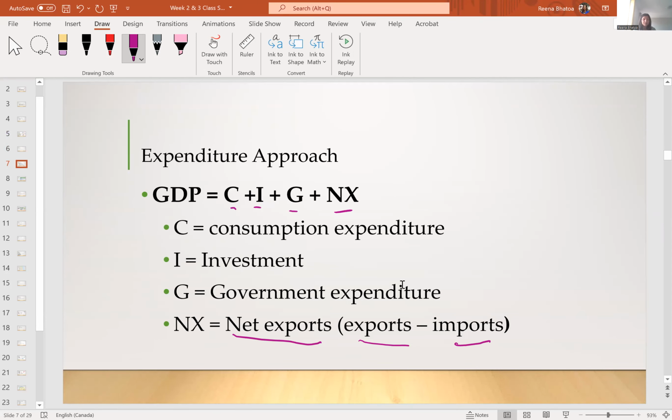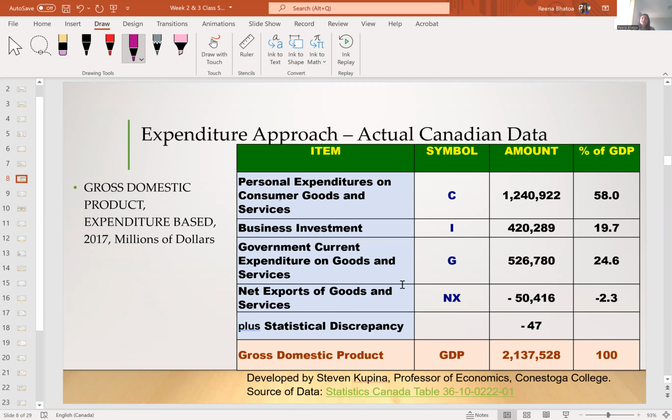Now, example for this. This data is taken from Statistics Canada's website, which is Canada's official website, and we will use a lot of times that website in our course or in the term. Okay, this is organized data, I would say, like it's not scattered everywhere. So just to show you, made it simple. So we have personal expenditure on goods, consumer goods and services.